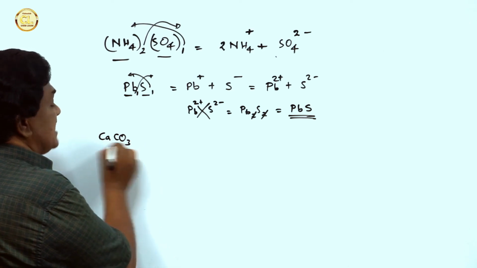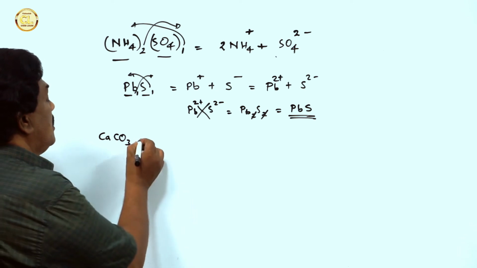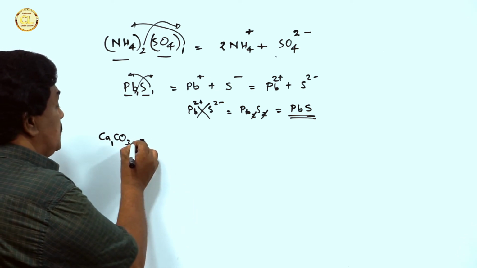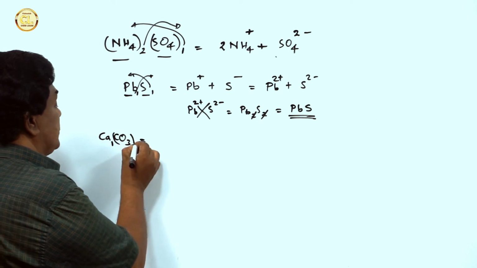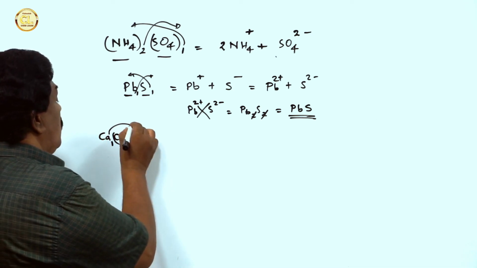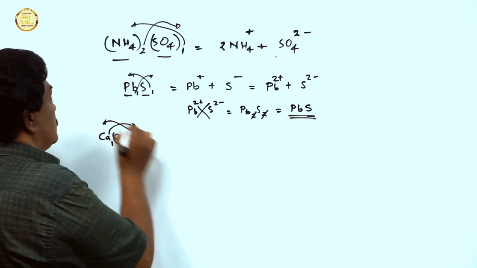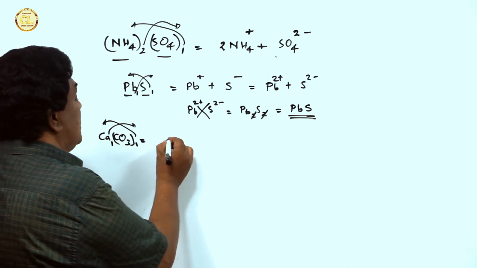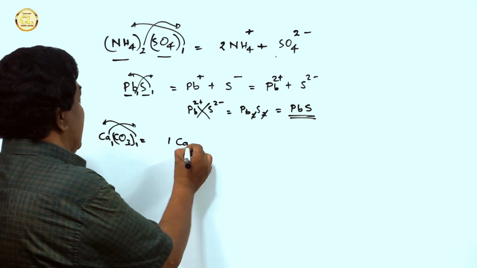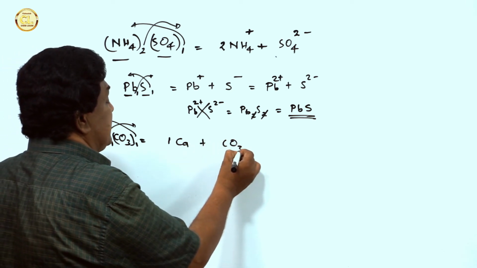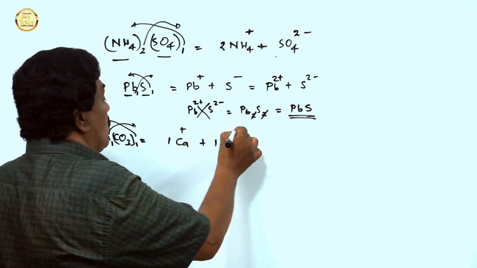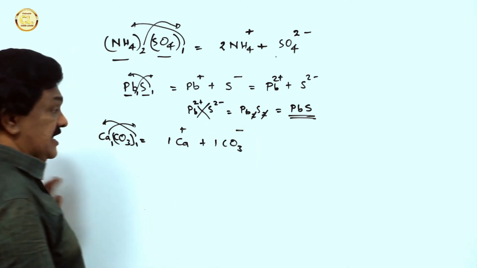Let us check another example. CaCO3, it's calcium carbonate. See, there is one calcium and one CO3 unit. While crossing their subscripts, one Ca is there and one CO3 is there, so we put one positive and one negative here.